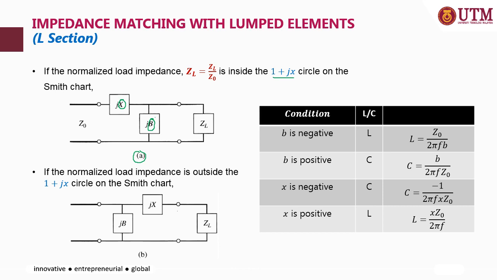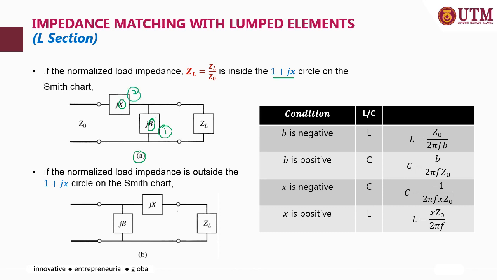All right, so from the formula, if you have the susceptance B negative, okay, the first element that you need to look at, for example for configuration A, is the component of the first element here, and next will be here.